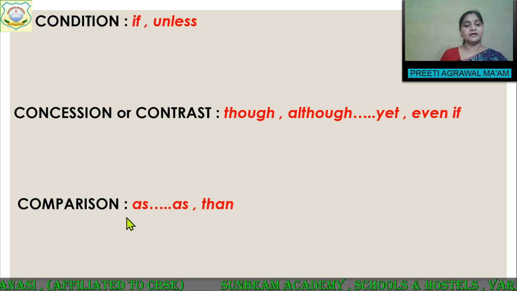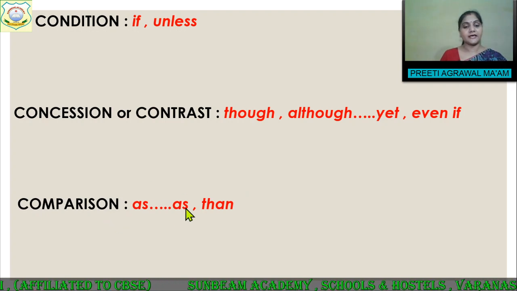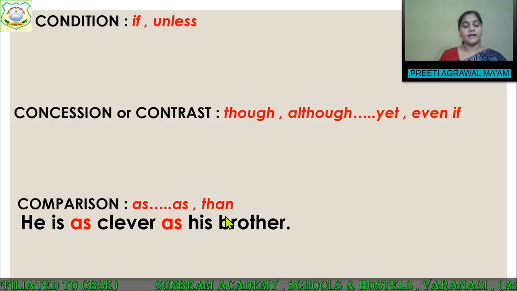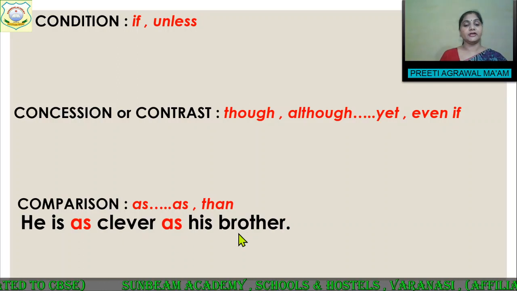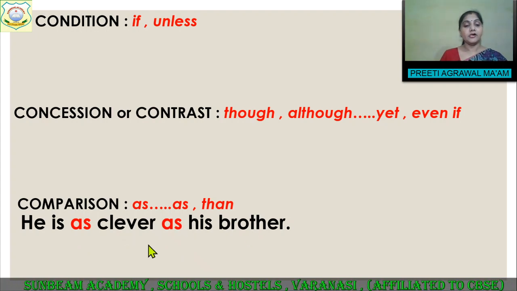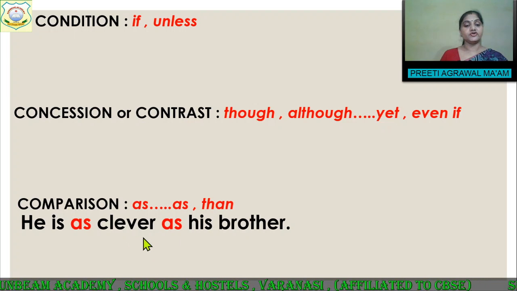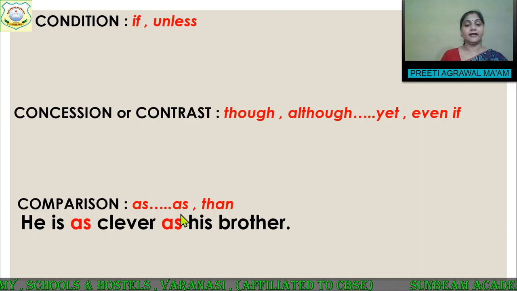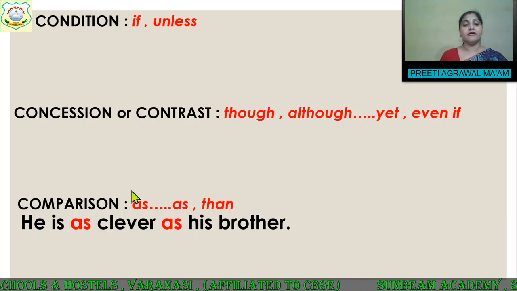For comparison, you have to use as or than. He is as clever as his brother. There is a comparison. So for comparison, you have to use as. This is also a correlative conjunction. Again and again I am telling you, correlative means whenever two conjunctions are used together in pairs.